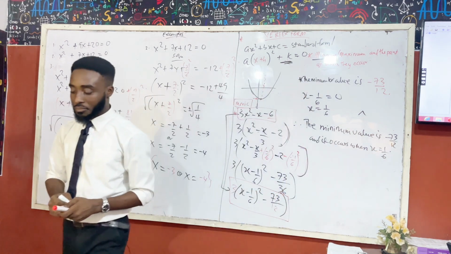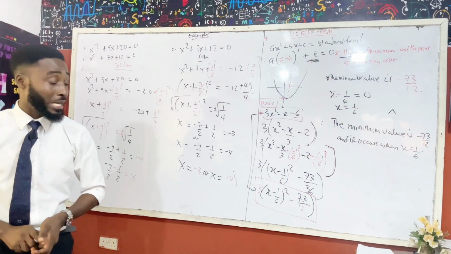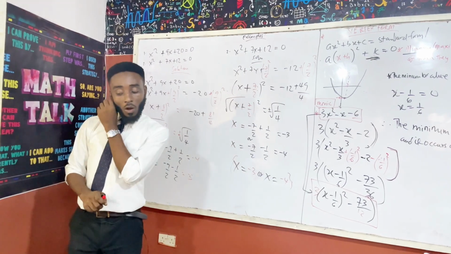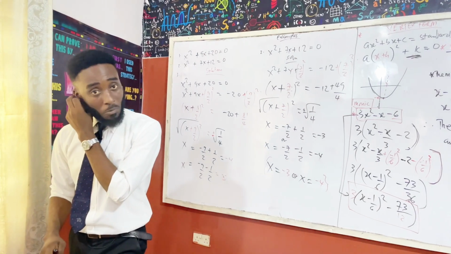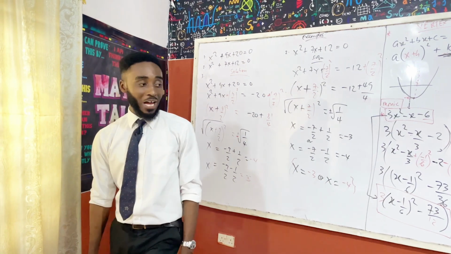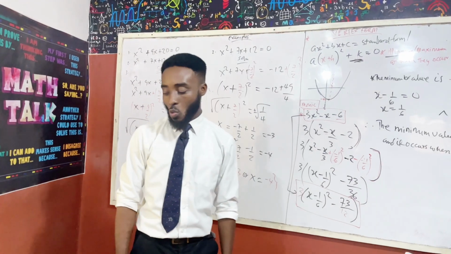Beautiful. Is that okay? So let's try this second one. You should solve that. Find the maximum value of f of x and the point at which it occurs of the function 5 minus x minus 2x squared.